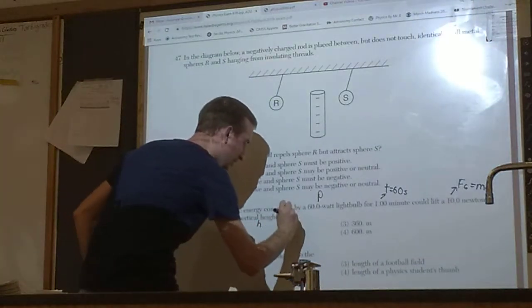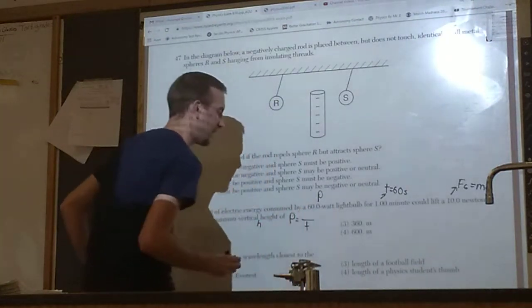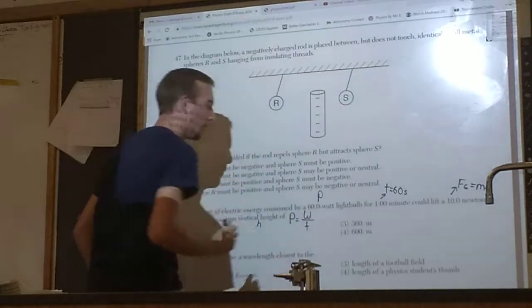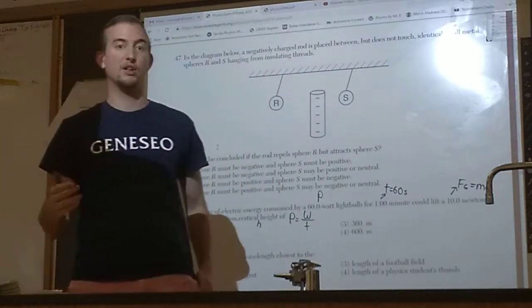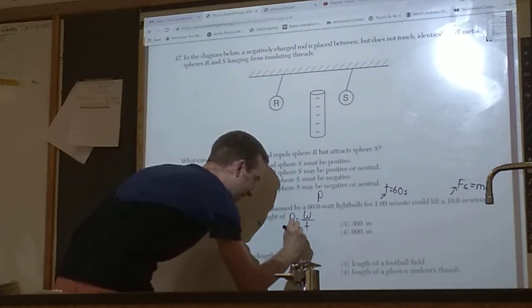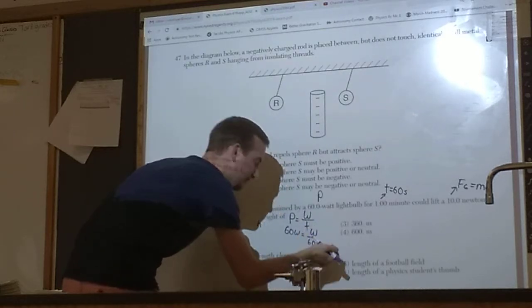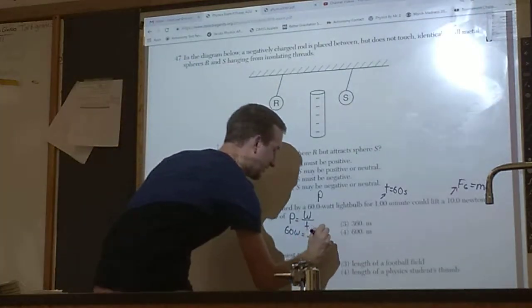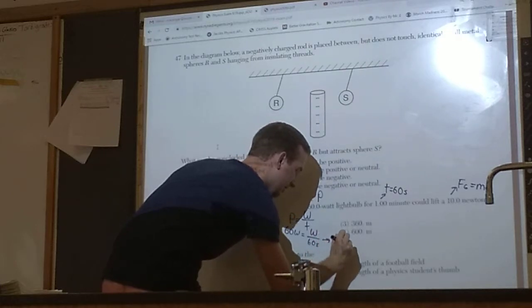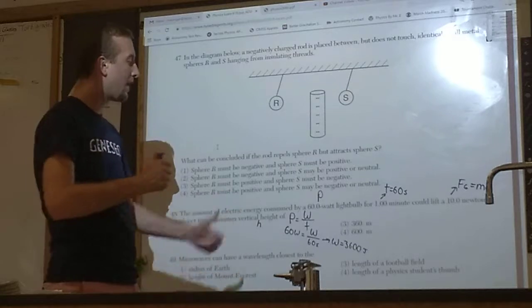We know the power of the light bulb, we know the time that it's in operation for, so we can determine the work that that light bulb does. In other words, how much energy it puts out. It turns out that if we have a 60-watt light bulb shining for 60 seconds, the energy that it puts out, or the work that it does, is 3,600 joules.